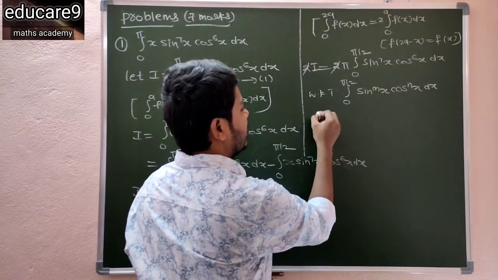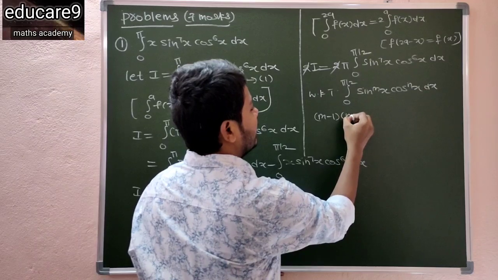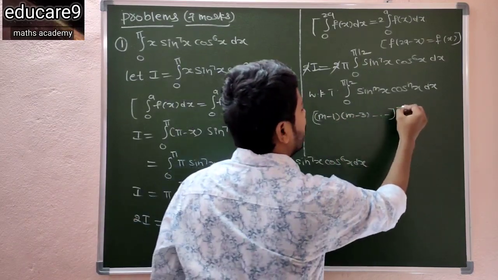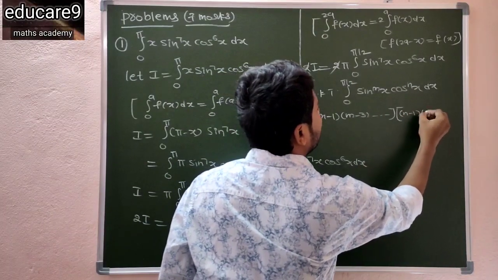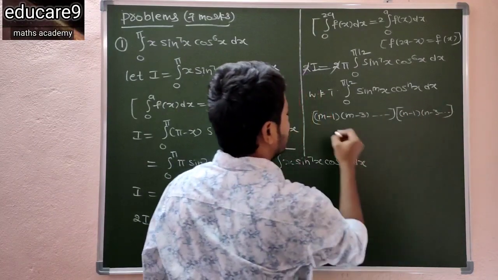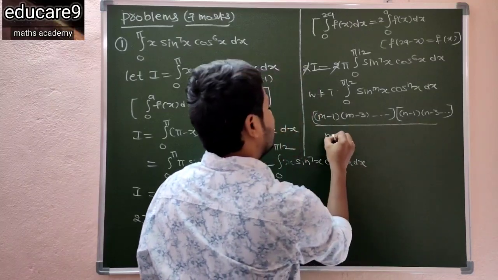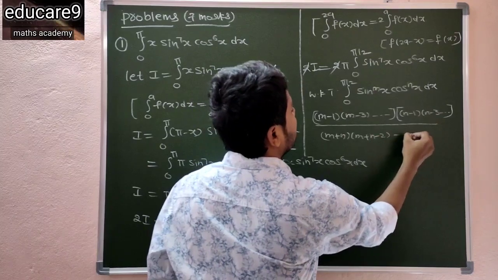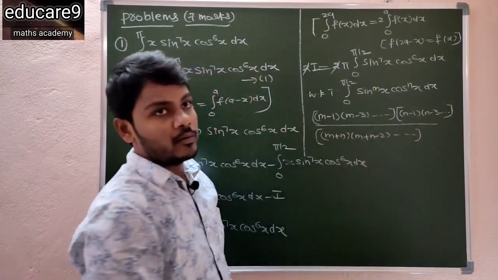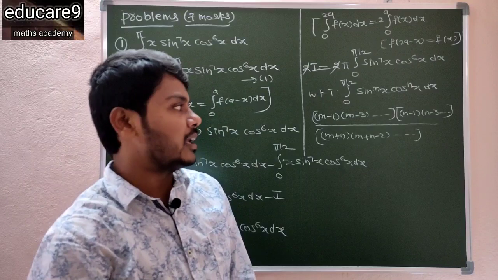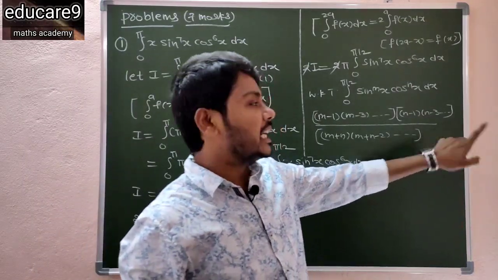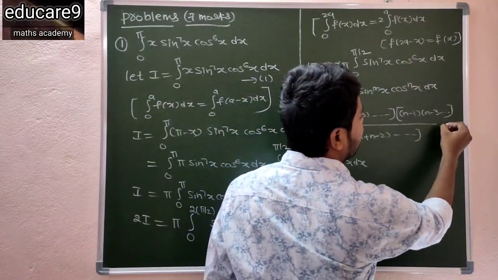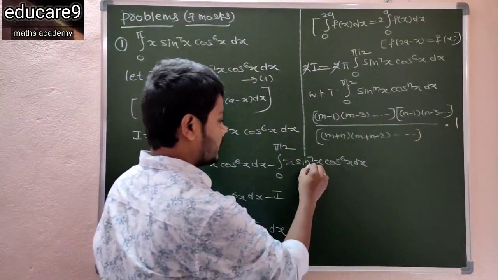That is (m minus 1) into (m minus 3) and so on, into (n minus 1) into (n minus 3) and so on, divided by (m plus n)(m plus n minus 2) and so on. If both m and n are even, then write pi by 2, otherwise write 1. So clearly here m is odd, n is even, so write 1.